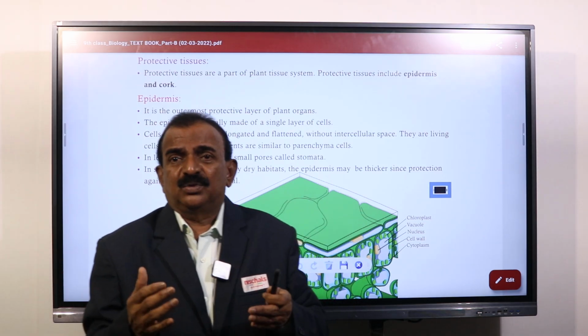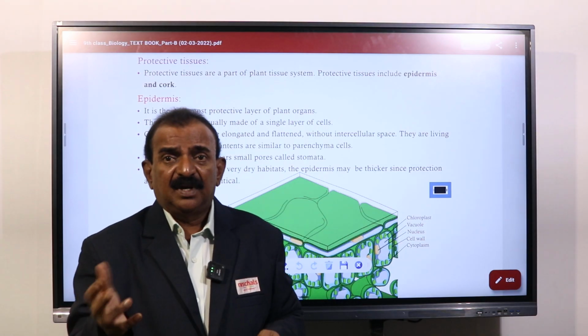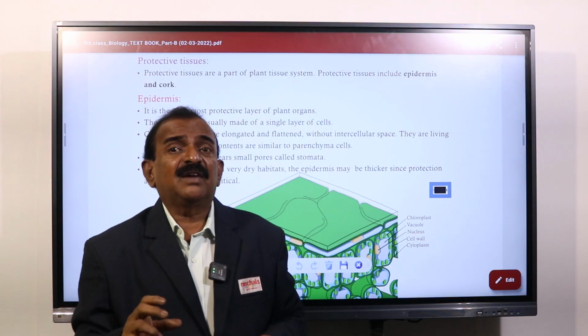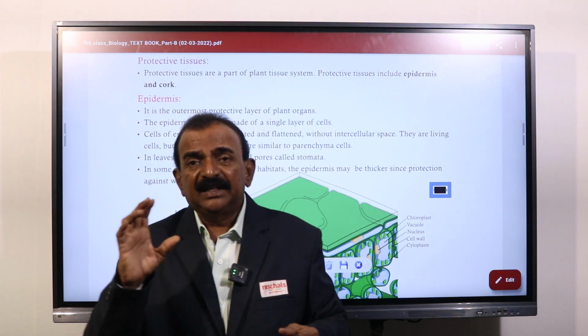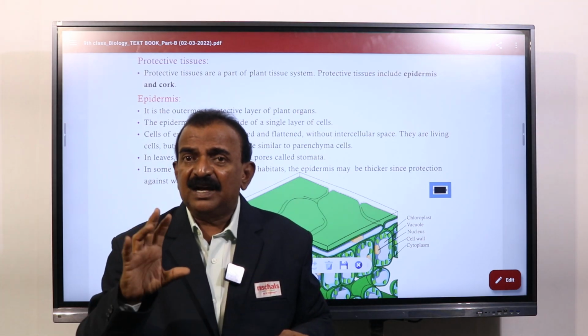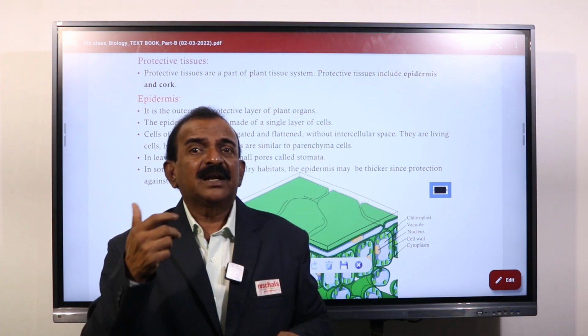So the epidermal layer that is present on the upper surface and the lower surface of the leaf consists of some gaps, some pores, tiny pores, and these tiny pores are nothing but stomata, consisting of stoma, helpful in gaseous exchange and also transpiration.